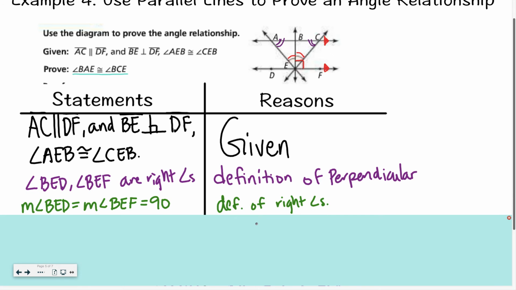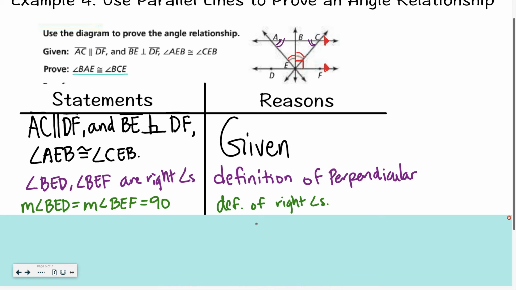Definition of right angles. Okay? So that's just two steps right from the given, right? I took the definition of what was in the given, and then I switched it from just the definition to start including some numbers so I can prove some other things.